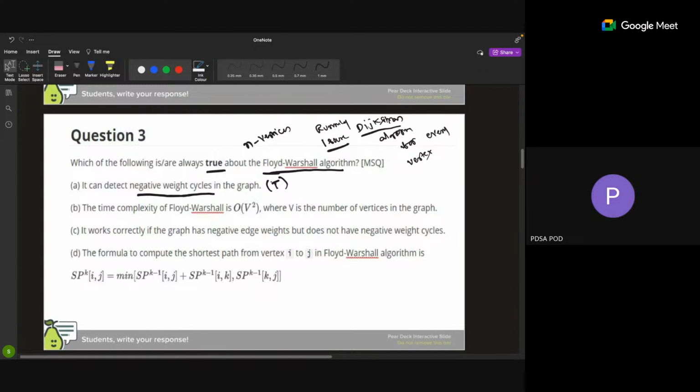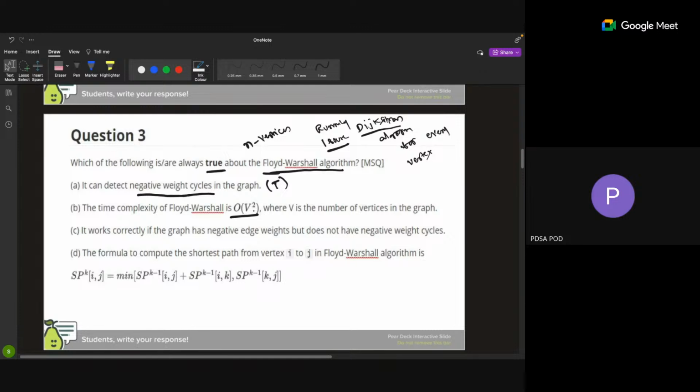But here, you should understand the complexity. What is the complexity of Floyd-Warshall? As I said, running Dijkstra's algorithm n times is going to be the Floyd-Warshall. Then what is the complexity? N square? N cubed. No, N square is not right.